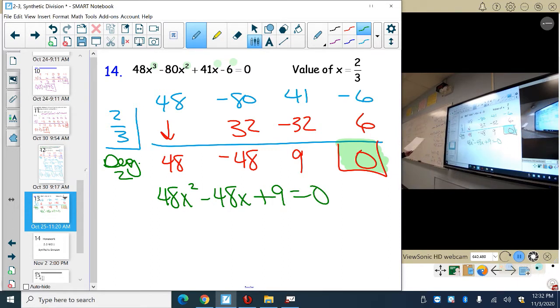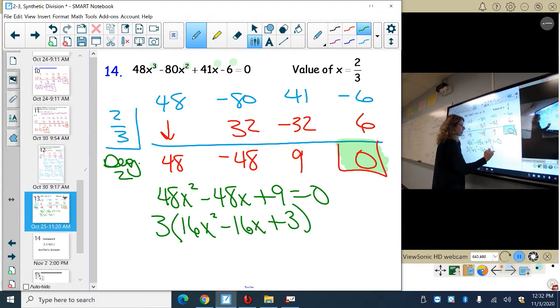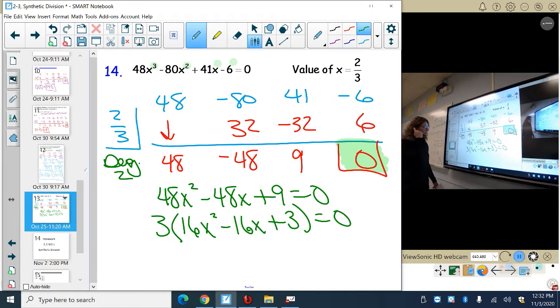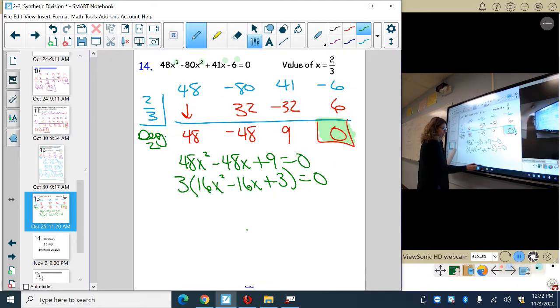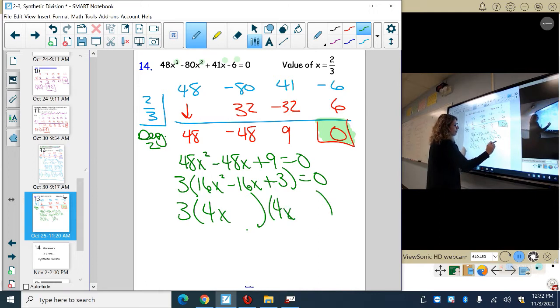Now from there, what you have to do is factor this. But before we do that, we're going to look for a GCF. The GCF is going to be a 3, and that's 16x squared minus 16x plus 3 is equal to 0. And we're going to factor this into two binomials. 4x and 4x, 1 and 3.